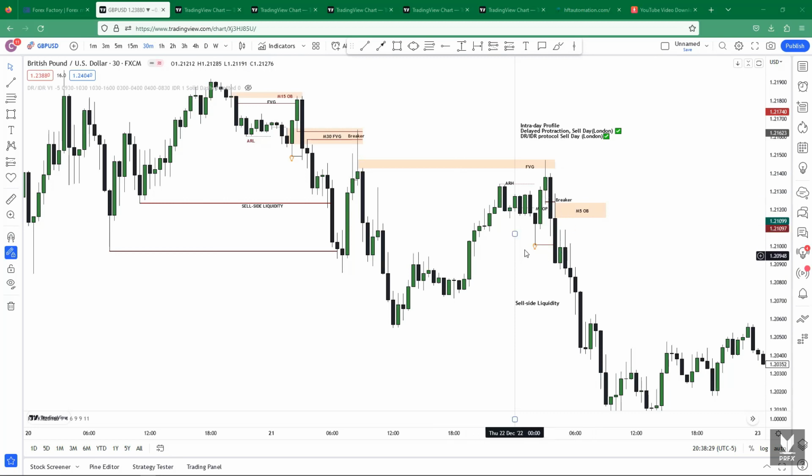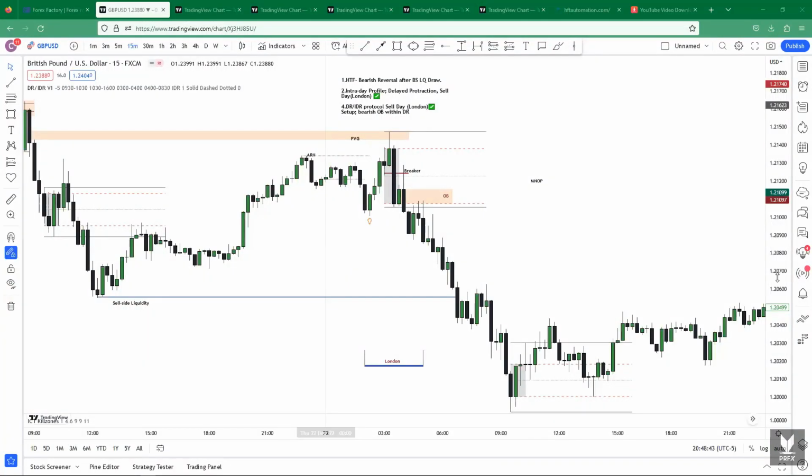We have midnight. Price trades higher into a fair value gap right there. What we're looking for is to pattern this particular setup the same way with the model that I showed you. And so we're just going to do that in a moment, and we're going to go to the 15-minute time frame.